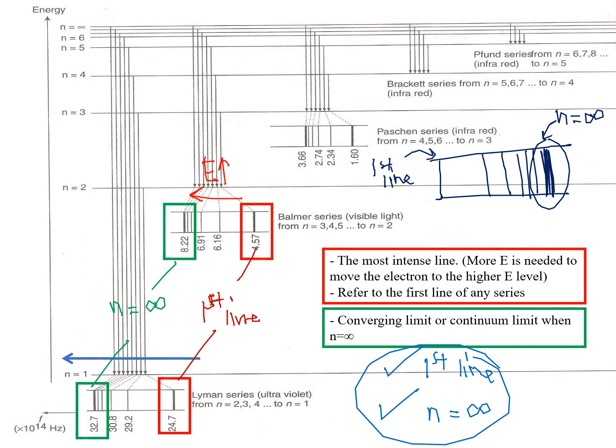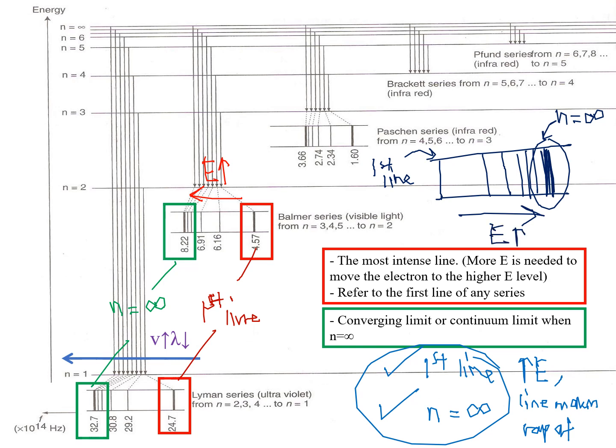Okay, so macam mana you nak baca melalui line? So you tahu kalau let's say makin bertambah energi, line makin rapat. Okay, so if you look at this one, this line spectrum, okay, pertambahan energi tu semakin ke kanan semakin bertambah energi.